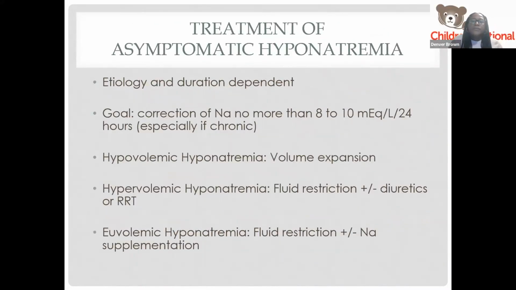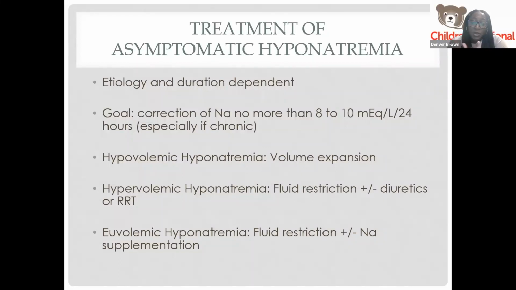In terms of the treatment of hyponatremia, again, it depends. For asymptomatic hyponatremia, the goal is correction of the sodium to no more than an increase of 8 to 10 milliequivalents per 24 hours.